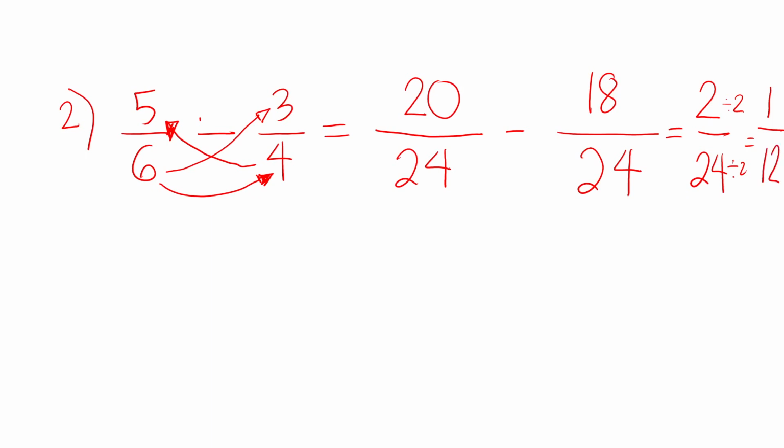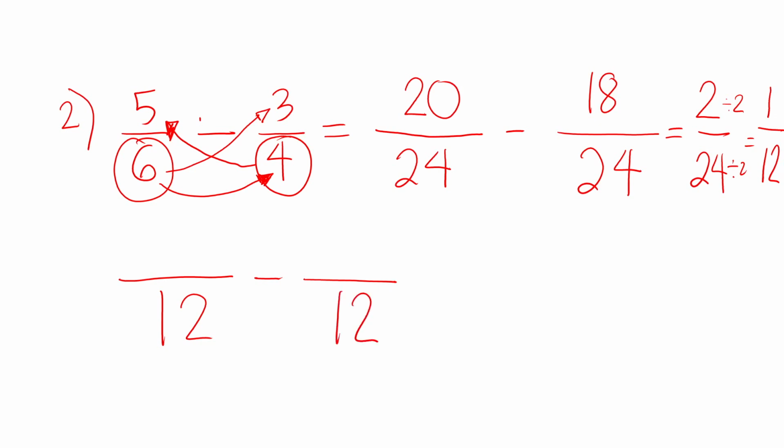1 over 12. Pwede pod gamitan natog LCM or LCD. Sige, gamitan natog LCD ha. Pila may LCD ni 6 ug ni 4? Dili, GCF man na inyong 2. When I say LCD, dili sad ko mag 24. The number 12 is the LCD.